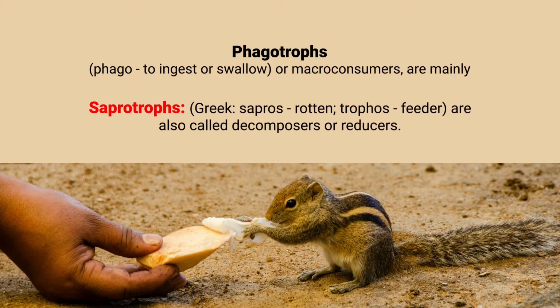The other category, if you look technically, is the saprotroph. Saprotroph is a Greek word: sapros means rotten, trophos means feeder. They are also called decomposers or reducers. Saprotrophs break down the complex organic compounds of the dead matter of plants and animals. These decomposers do not ingest their food.